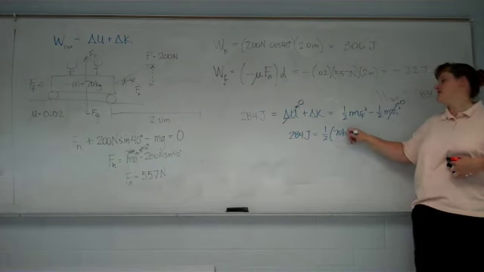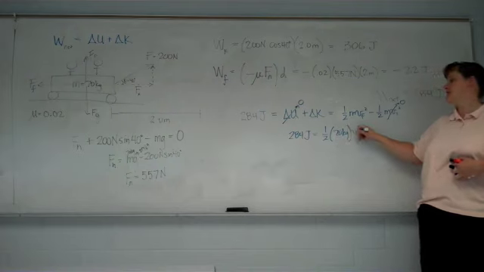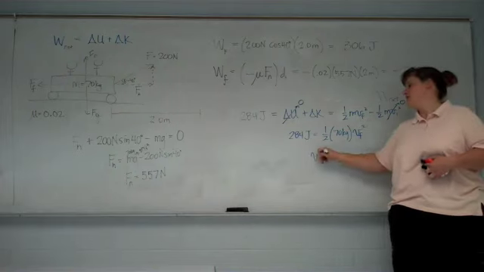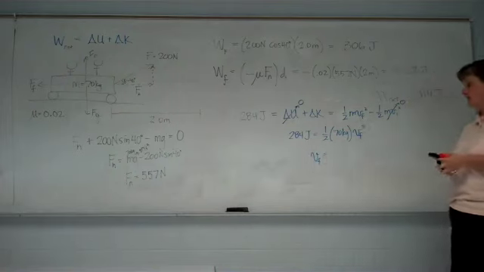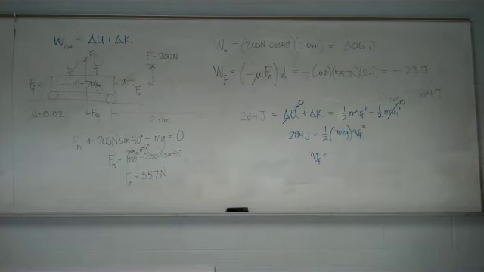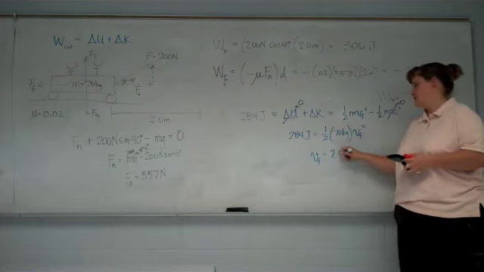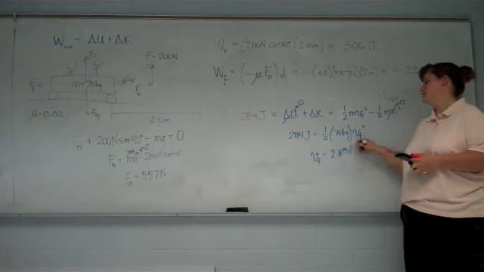The kinetic energy is 1/2 the mass times however fast the wagon is going squared. So v final will be the square root of 2 times 284 divided by the 70, which is about 2.8 meters per second.